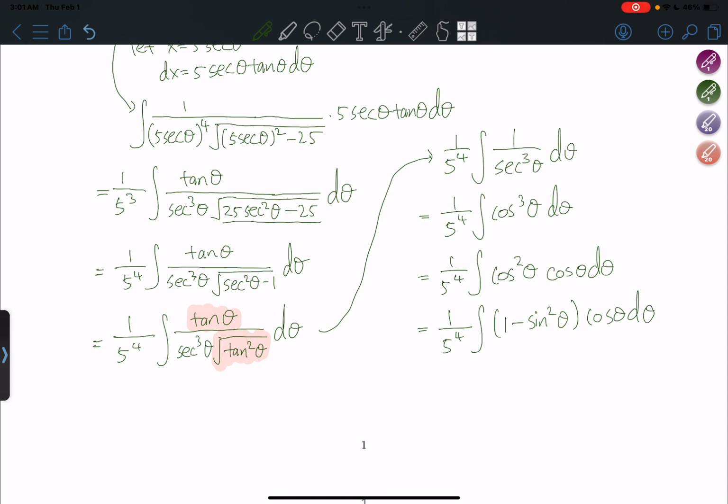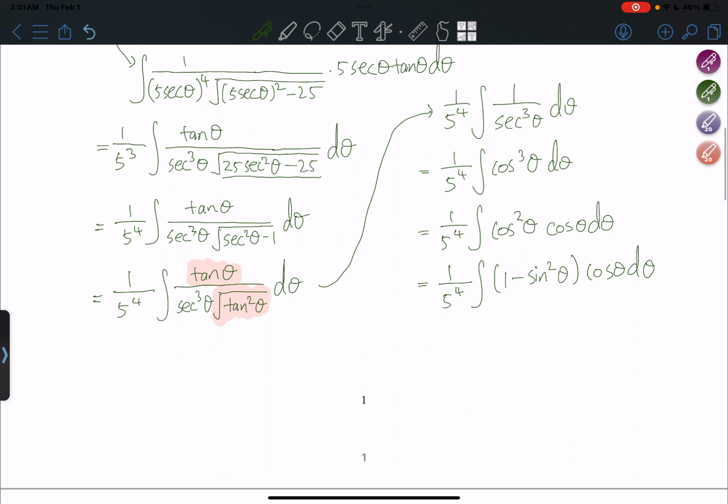Okay, at this point, our usual substitution, given to you in the previous video or notes, u equals sine theta, so du equals cosine theta d theta.